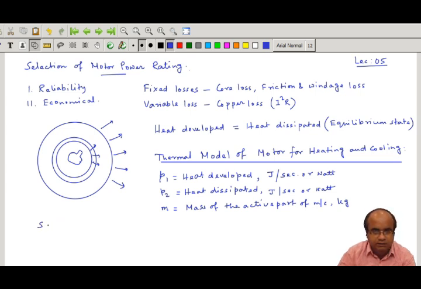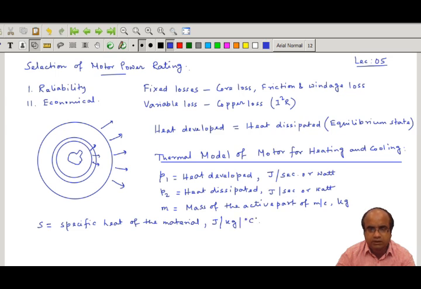Next is S, the specific heat of the material from which the heat is dissipated, in joule per kg per degree centigrade.